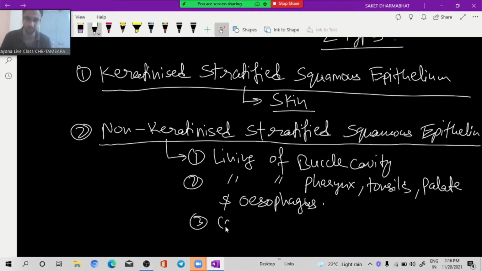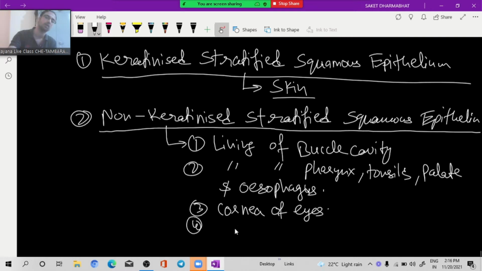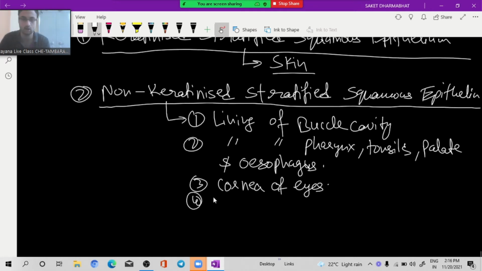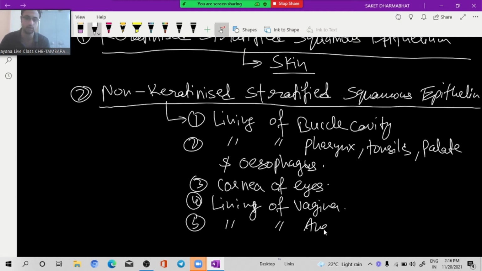Then cornea of eyes. Okay, after that, lining of vagina. Okay, then lining of anal canal.